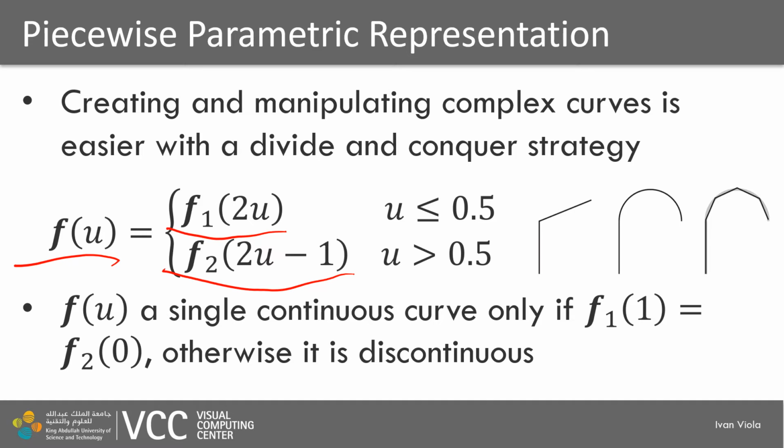So here, if our parameter u is smaller than 0.5, this parametric value will start at 0, and as it is twice u, it will go between 0 and 1. And here, in the second case, we see 2u minus 1, so if the parameter is 0.5 and higher, it will start with 2 times 0.5, which is 1, minus 1 is 0.